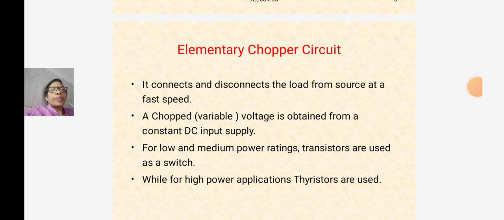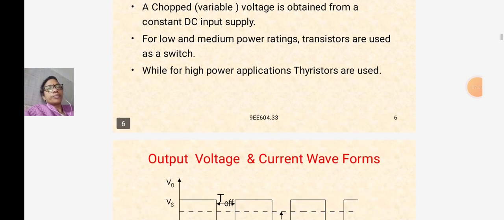The chopped, that is variable, voltage is obtained from a constant DC input supply. For low and medium power ratings, transistors are used as a switch, while for high power applications, thyristors are used.